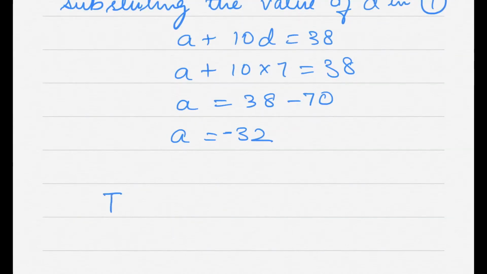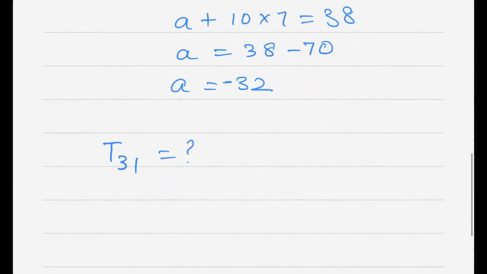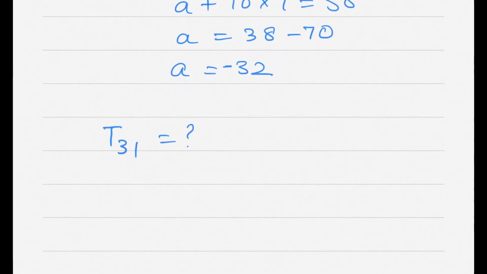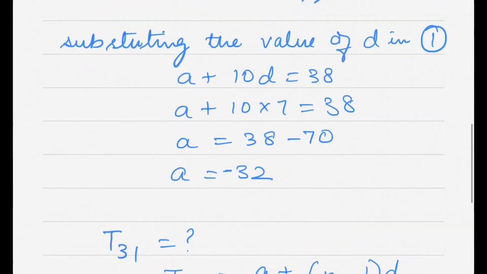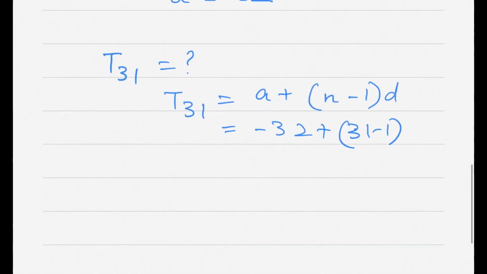Now the 31st term. So T31 I have to find out. Now for T31, again the same formula I can use. T31 will be equal to a plus (n minus 1) into d. Okay, I have to substitute. So a is minus 32 plus (31 minus 1), and d I got as 7, so into 7. Now this is equal to minus 32 plus 30 into 7.